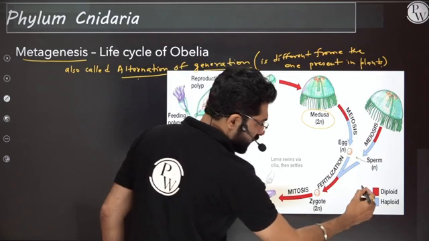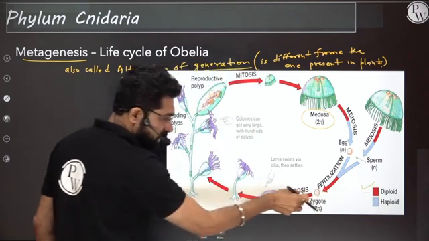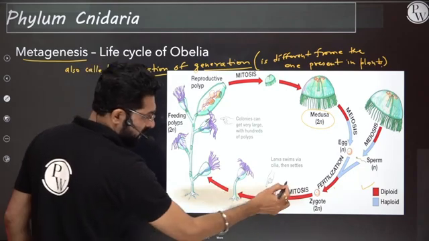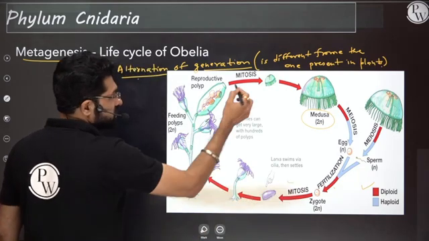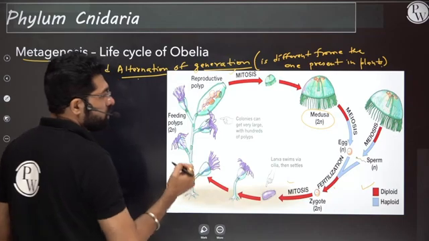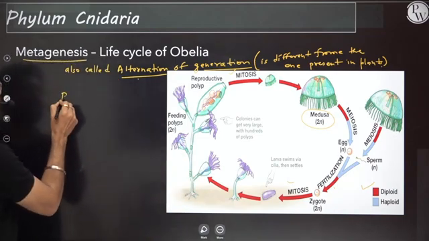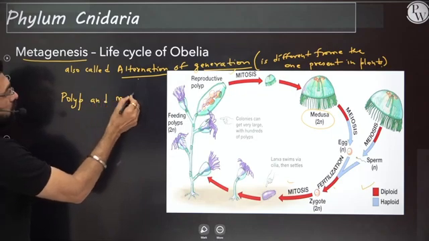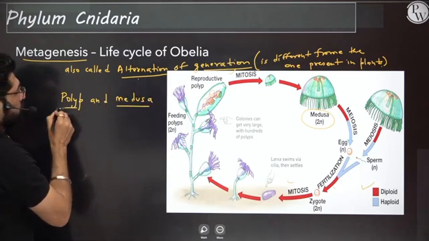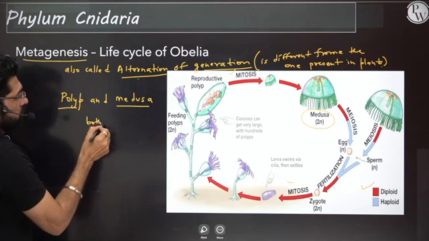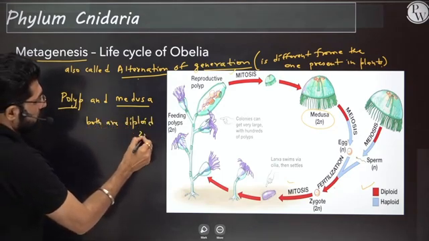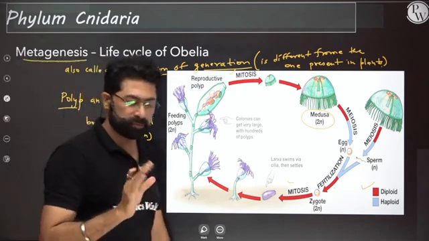That's it. Otherwise, the entire cycle you can see is diploid. The red color is diploid. Can you see? Mitosis is going on here, and here also mitosis is going on. So polyp and medusa both are diploid. Please write down this point. Both are diploid. Hope you understood this point very clearly.